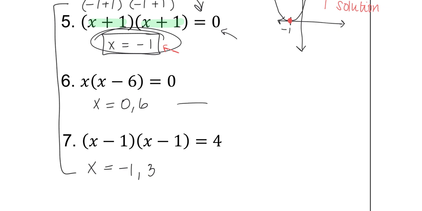The other option we could have, like we did with a couple of these, was two numbers. So for number 1, we had 3 and negative 3, or number 3, we had 2, negative 2, 5, negative 5, those types of things. If you have two solutions, your graph would hit the x-axis twice. It could open up or down, but you would have two x-intercepts, meaning you have two solutions.